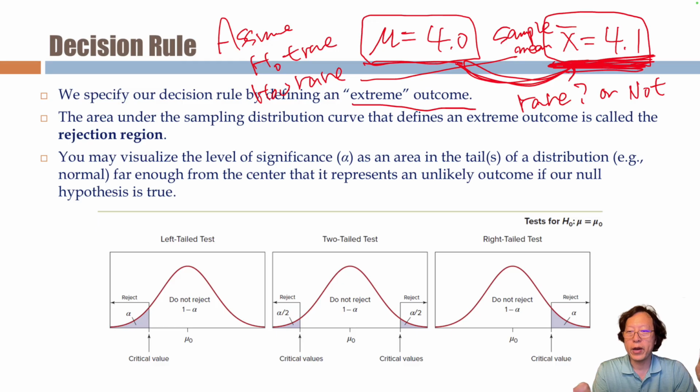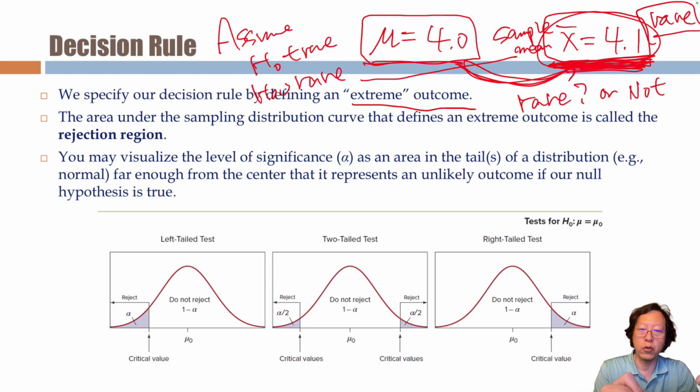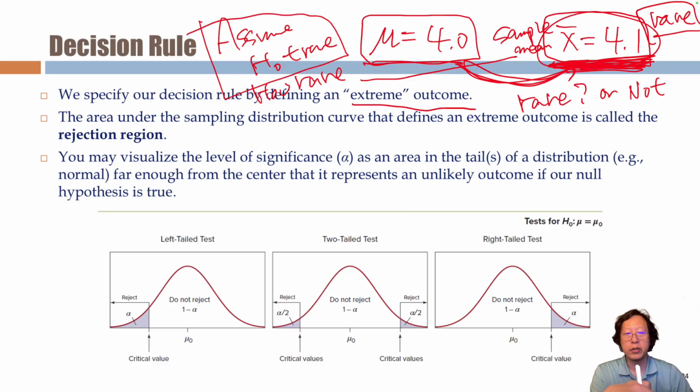If this is rare, then you might say this is not happening by chance, because the real population mean is greater than 4.0. That's why we have an X bar of 4.1, which then lets us reject the null hypothesis. So we always start by assuming the null hypothesis is true, then we find out how rare this case is.